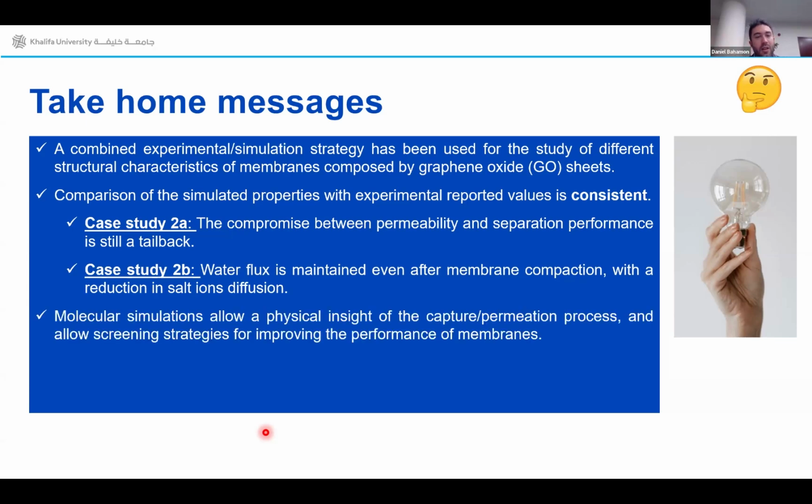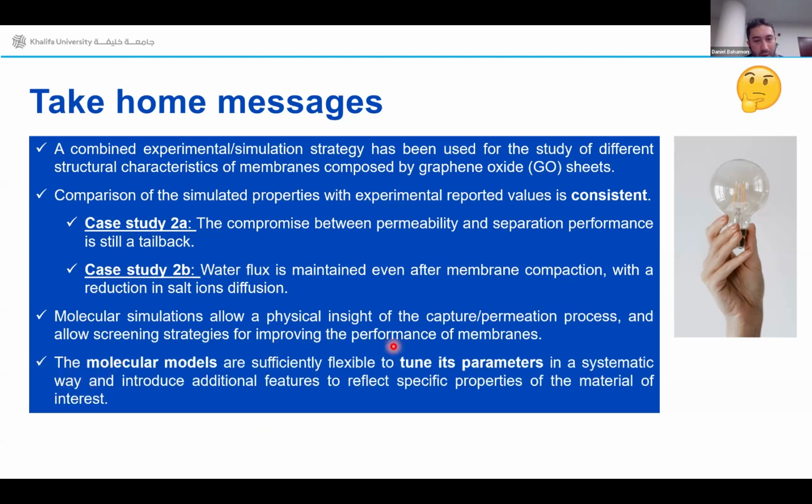And I would like to finish with this final conclusion, which mentions that these molecular models, not only for the membrane, but also for the absorbents, are sufficiently flexible so you can tune the different parameters like oxygenated groups, surface area, and some other features.